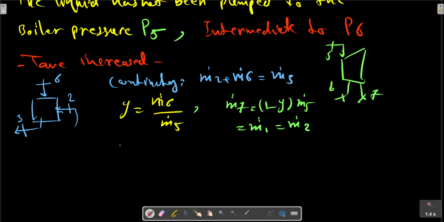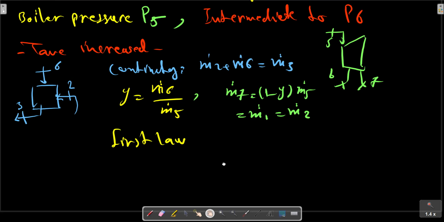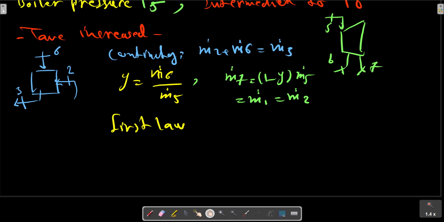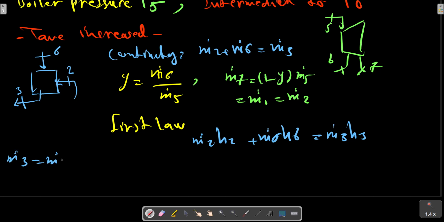For the first law, we have these relations. m dot 2 h2 plus m dot 6 h6 equals m dot 3 h3, into which we substitute the mass flow m dot 3 equals m dot 5.